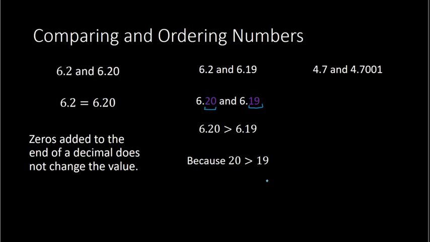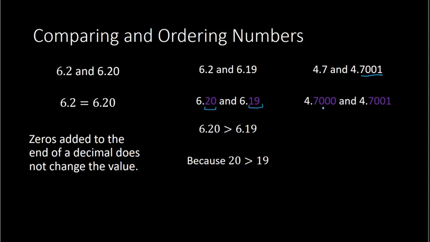Now what if you had 4.7 and 4.7001? Again, make sure that when you compare, they have the same number of digits after the decimal point. So over here, we have 4 digits after that decimal point. For the first number, we only have 1. So what I want to do is add zeros to that first number. So now we would have 4.7000.